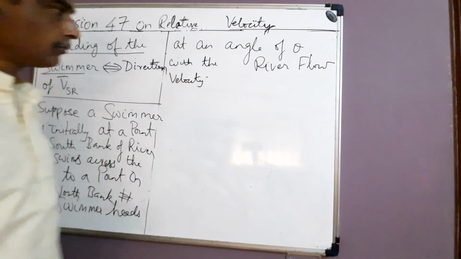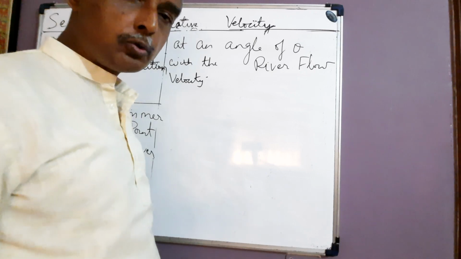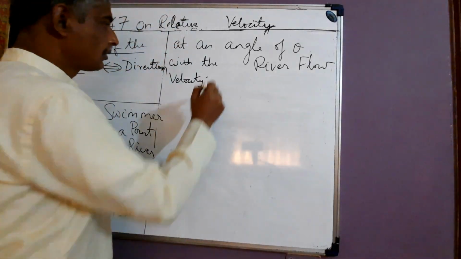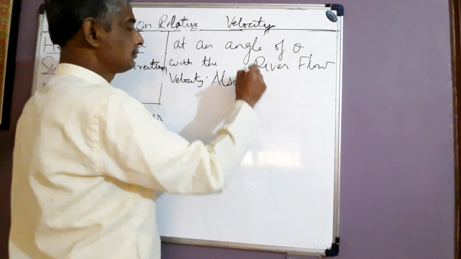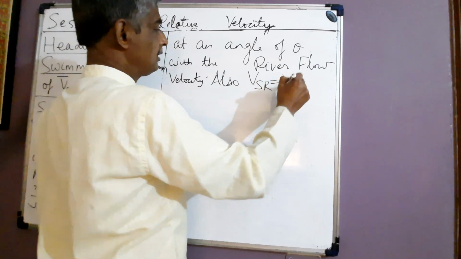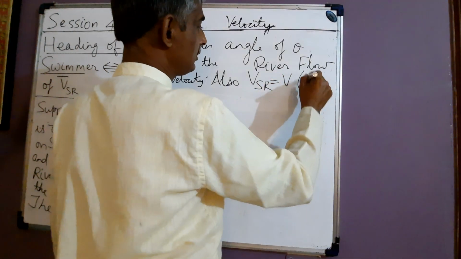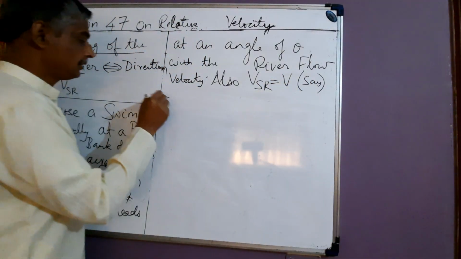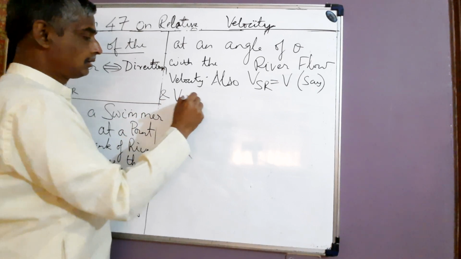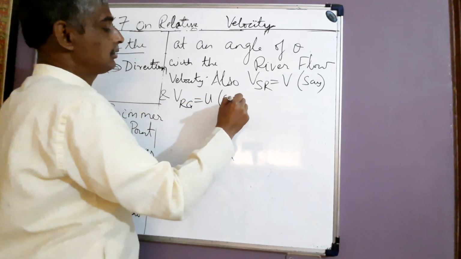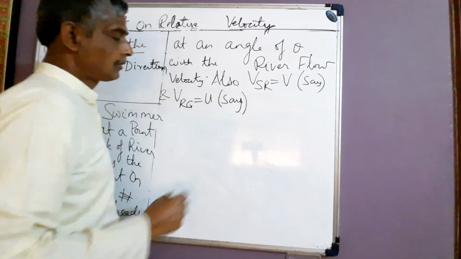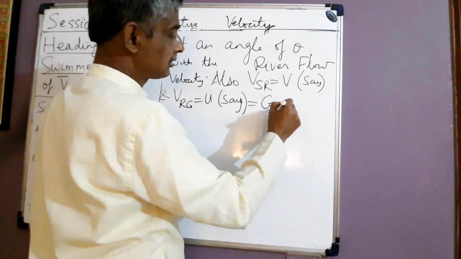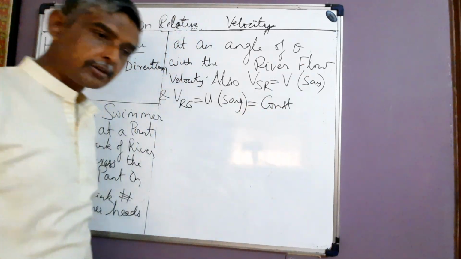And VSR is equal to V, VRG is equal to U, as stated just now. Both are constants. U and V are both constants.